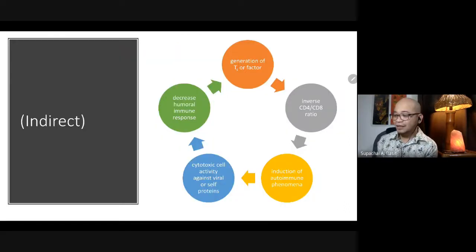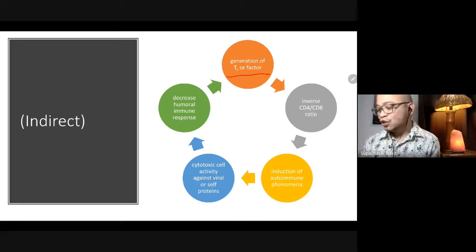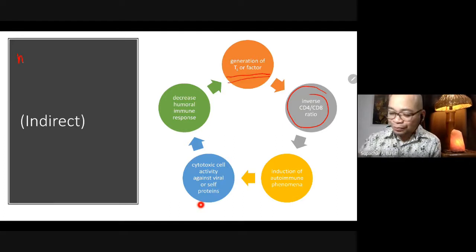Now, this would be the indirect effects. There would be generation of T suppressor cells or factors, and an inverse CD4 CD8 ratio. Let me tell you that the normal CD4 CD8 ratio is 2:1, but in cases of HIV, it could become 0.5:1, and in the worst case scenario, 0:1.